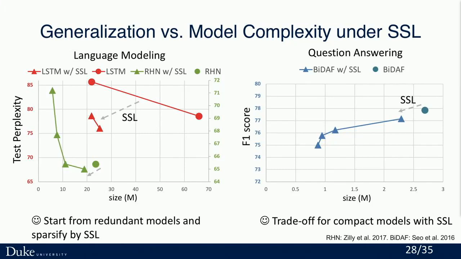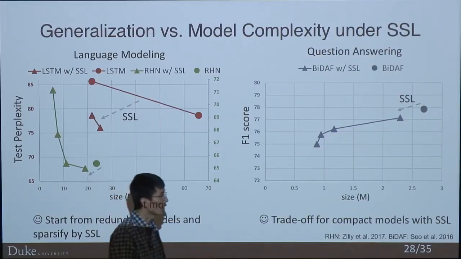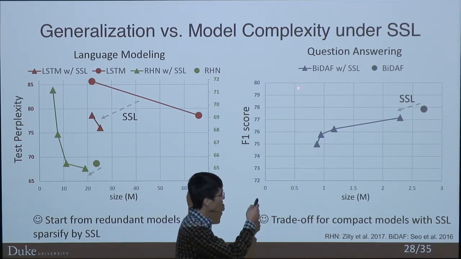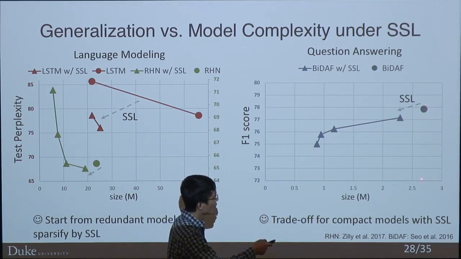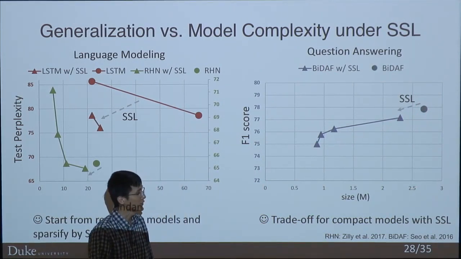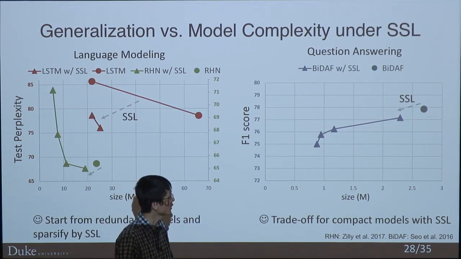So this is how SSL works for a very large model, but we are also curious about how it works for a very small compact model. So we did experiments on the BiDAF model, which is a smaller model with only 2.7 million parameters, and the hidden size is only 100.